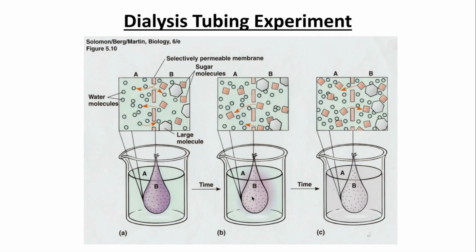Over a period of time, water is going to keep flowing inside because sugar cannot escape, but water can move freely. Eventually the concentration is going to be the same inside and out. But in that process, because of all the water entering, the dialysis tube expands out.